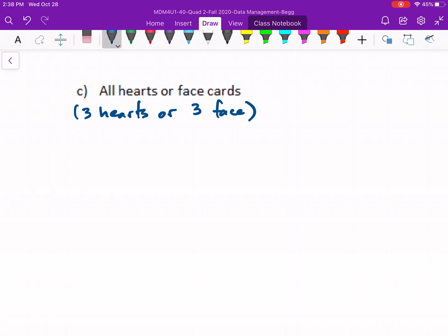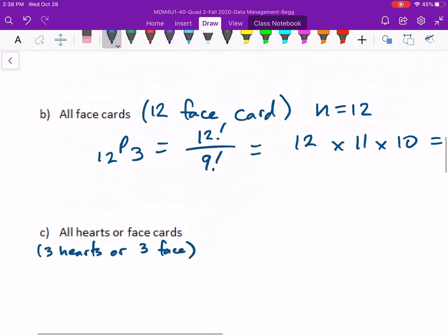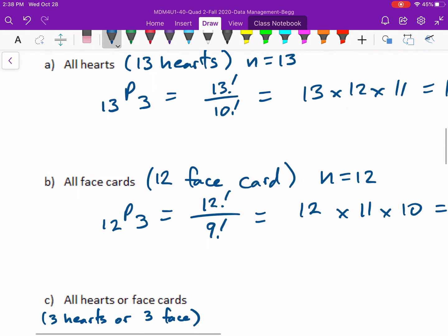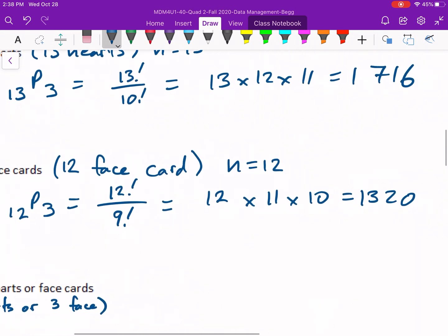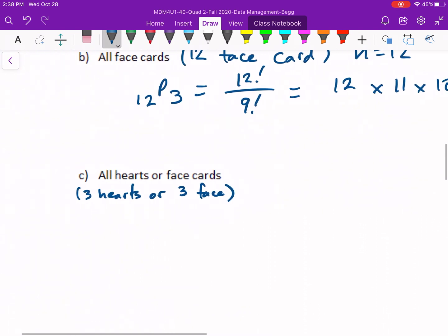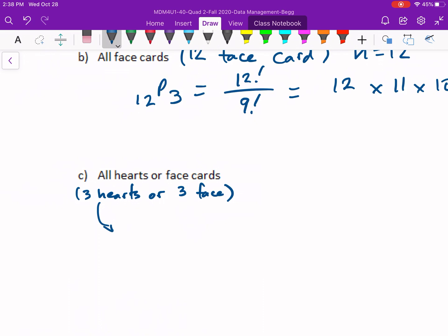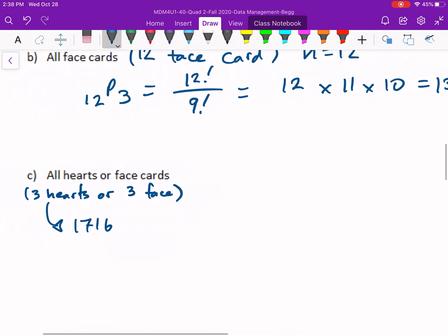But if I interpret it as all hearts or all face, we've already answered the first part. If it's all hearts, then there's 1,716 ways of doing 3 hearts. And there were 1,320 ways of doing 3 face.